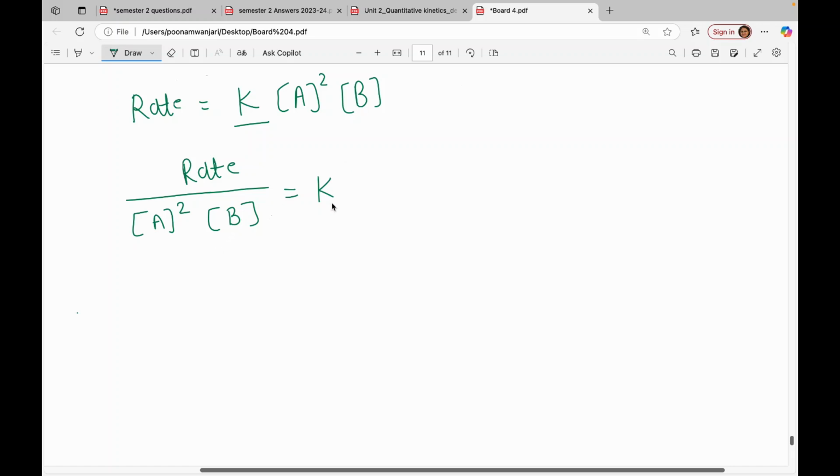To calculate the unit, we need to know the unit of rate and the unit of concentration. We measure rate as change in concentration per unit time, so the unit of rate is mole per cubic decimeter per second, that is second inverse, and the concentration unit is moles per cubic decimeter.